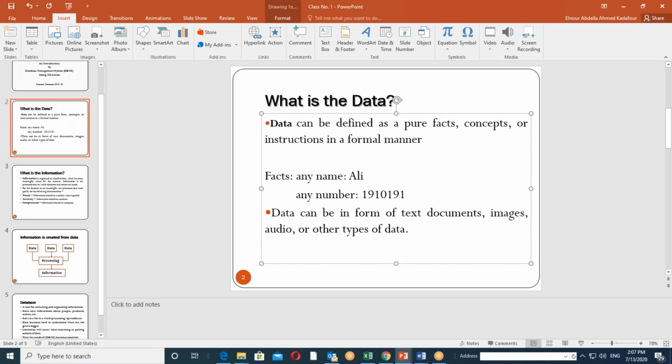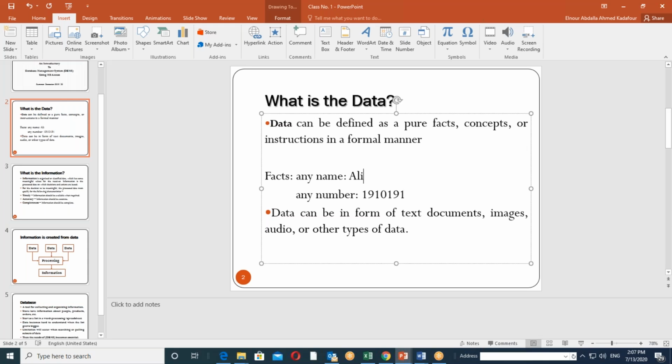Okay, so it is a fact there is a name, it is a fact there is a number, yes it is. Concepts: let us consider the student ID, UOB ID. This is a concept. Any student must have an ID. That's a concept. Instructions: open the door. Which door? Open the window. Which window?